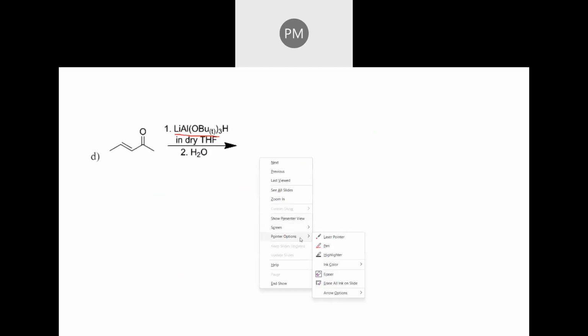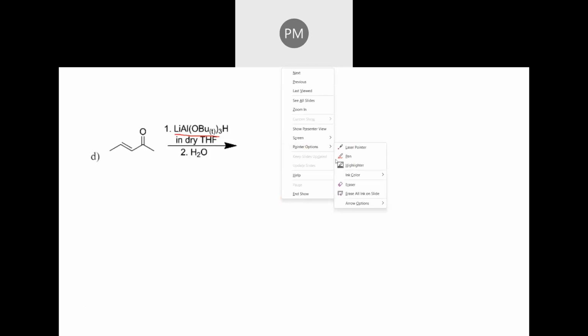So I am drawing here: 1, 2, 3, 4, 5 carbons are present, so the carbon count will be 5.